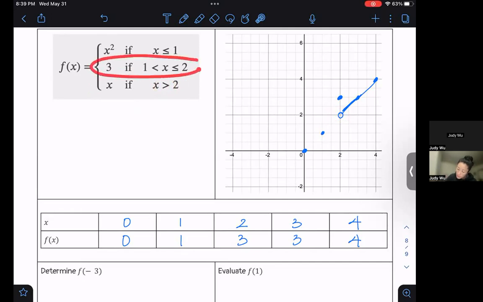Now, this middle piece is just 3. That means everything has a y value of 3 between 1 and 2. So from 1 to 2, I have a second piece. All right, and working our way backwards, x squared, I hope we know, is a parabola, but we only want the piece of the parabola where x is less than or equal to 1.